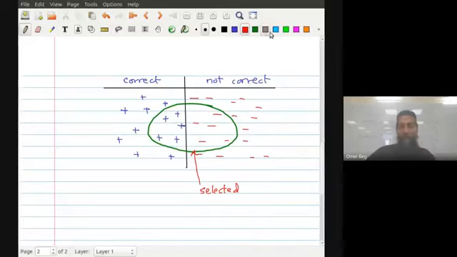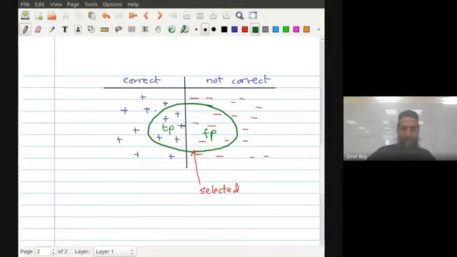The samples which are labeled positive and which your classifier is also saying are positive are true positives. Similarly, if your classifier selected some samples which are actually negative, these are false positives.